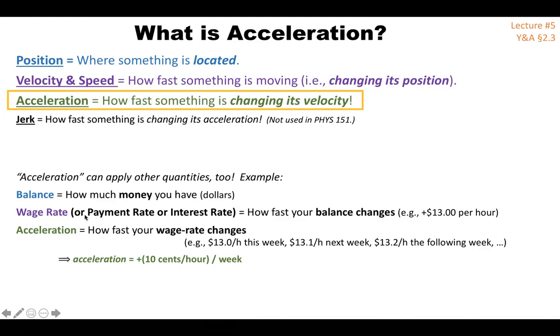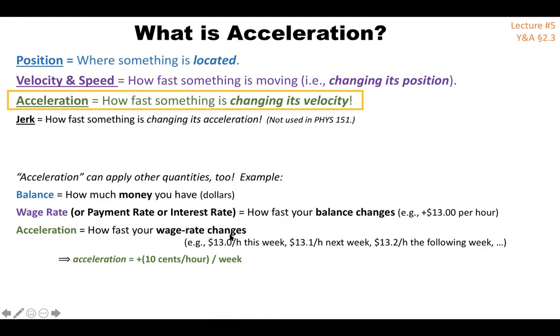Or your wage rate would be the rate at which the balance in your bank account increases if you receive a certain amount of wage. So if you imagine getting paid instantly instead of at the end of the month, or twice a month, then what would the balance in your bank account do, right? If you're earning $13 an hour as an undergrad, for example, then your rate of increase of your balance is going to be positive $13 per hour.